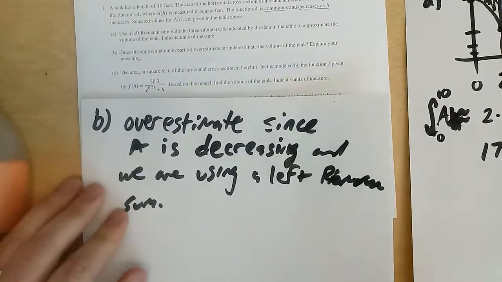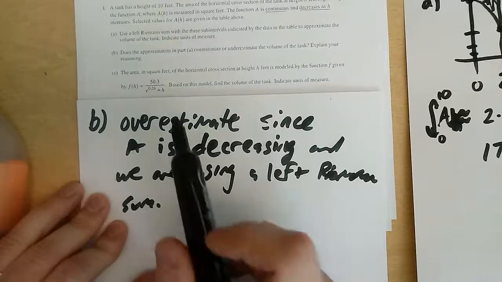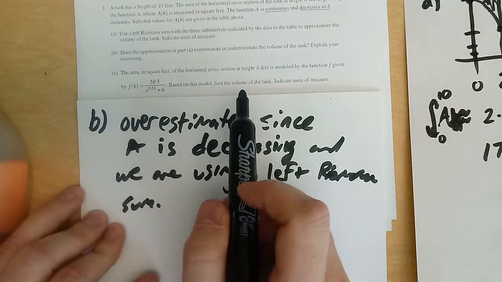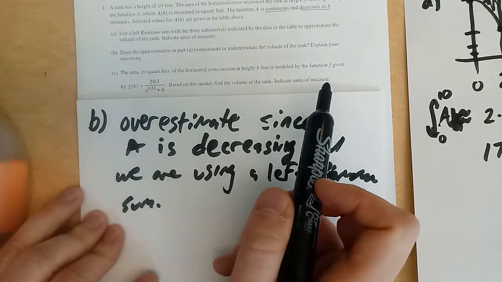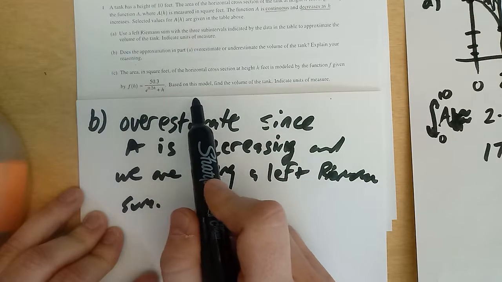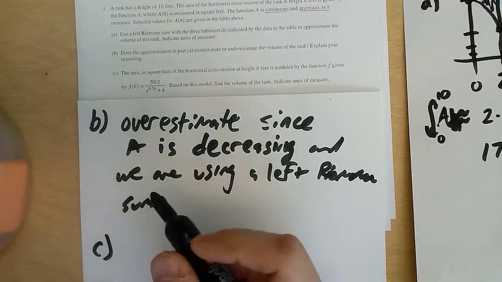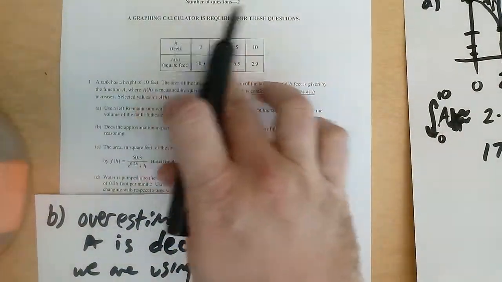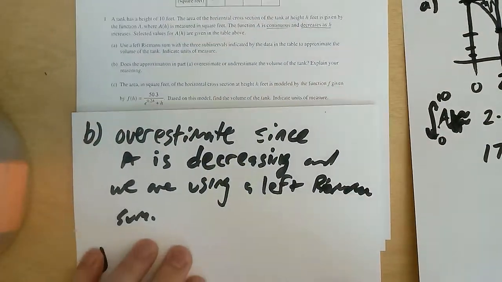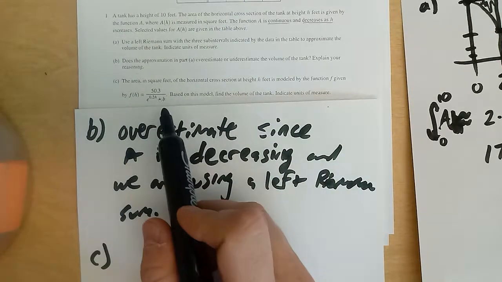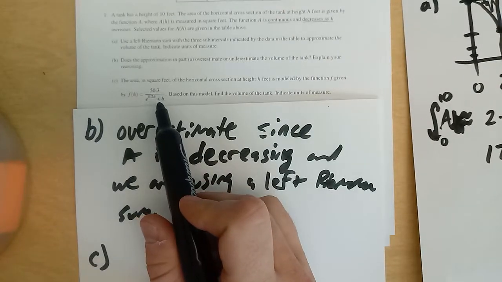All right, let's see. Part C. The area in square feet of the horizontal cross section at height h feet is modeled by the function given by blah. Based on this model, find the volume of the tank. Okay, so in part C, instead of this table up here, now this is my horizontal cross section.